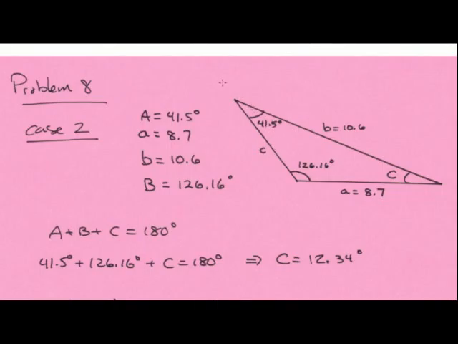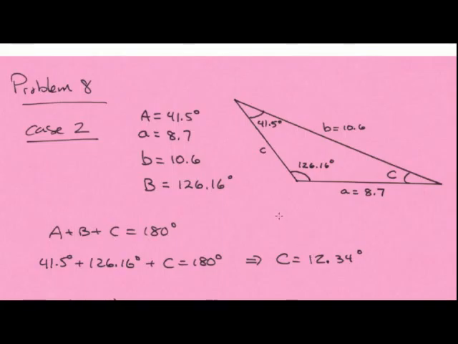And so this gives us kind of the obtuse triangle that we got here. 126.16, opposite side B of 10.6, angle A of 41.5, opposite side A of 8.7. So we plug in to A plus B plus C is going to be 180, and that gives us C having a value of about 12.34 degrees.